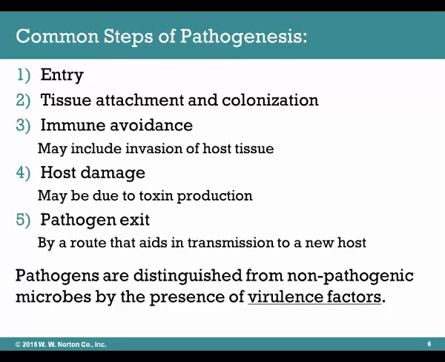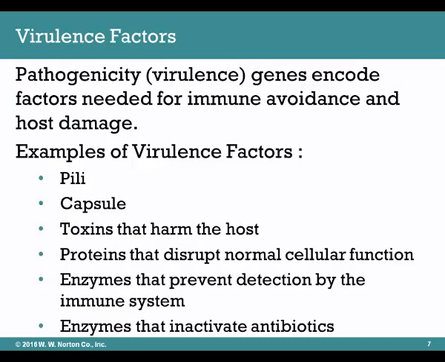Okay, so this collective set of traits that are encoded by additional genes in pathogenic microbes or pathogenic bacteria are called virulence factors. Virulence factors can be the expression of pili on the surface that help in attachment, necessary to happen before colonization. It can be genes encoding a capsule.